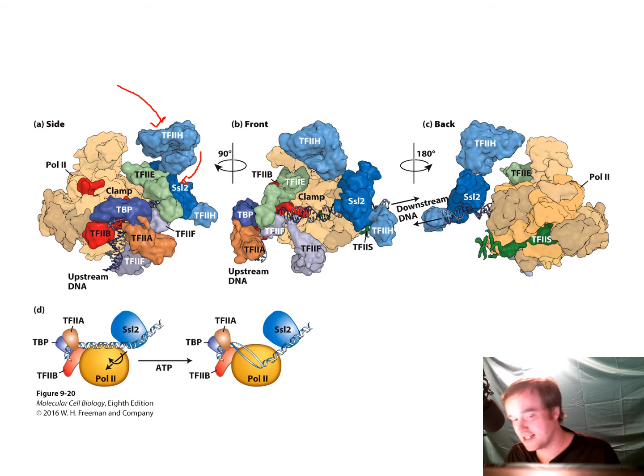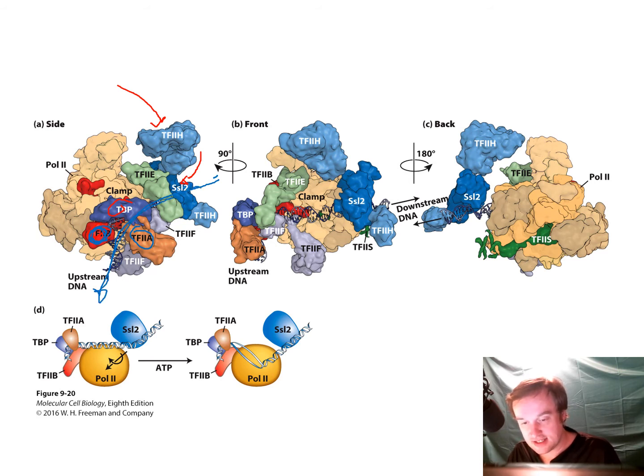What the SSL2 subunit does is push DNA that is bound upstream to this TBP, the TF2B, and TF2A, so it threads the DNA down in that direction.